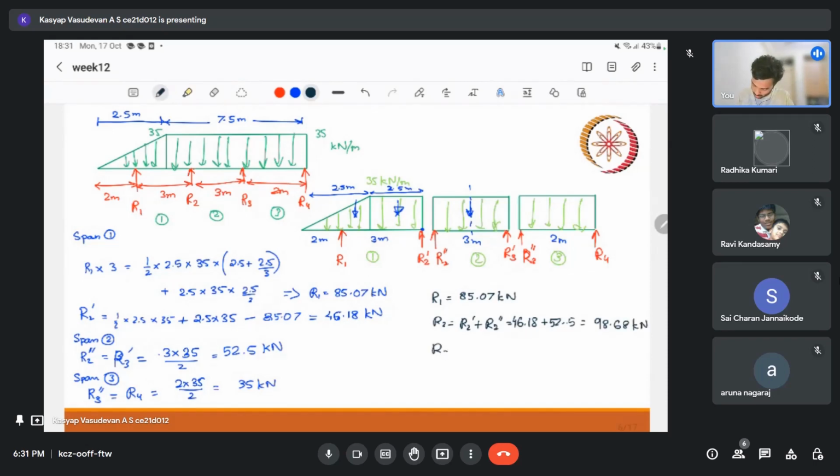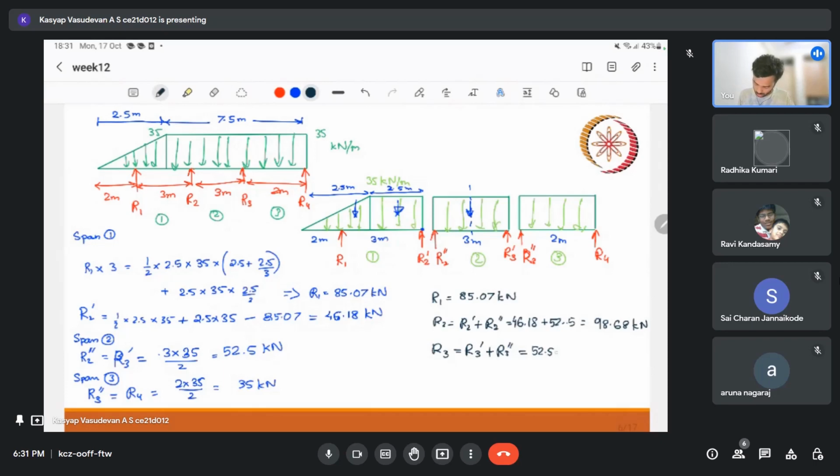R3 is equal to R3 dash plus R3 double dash, that is 52.5 plus 35, which turns out to be 87.5 kN, and R4 is equal to 35.